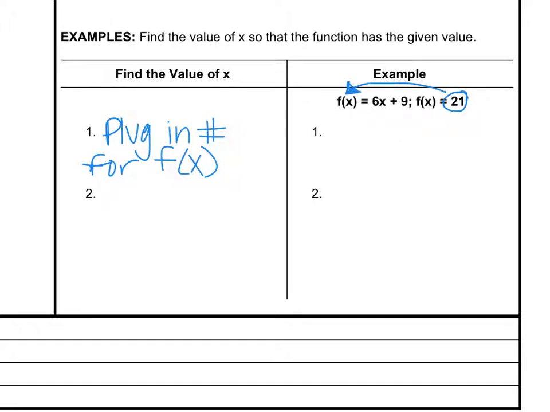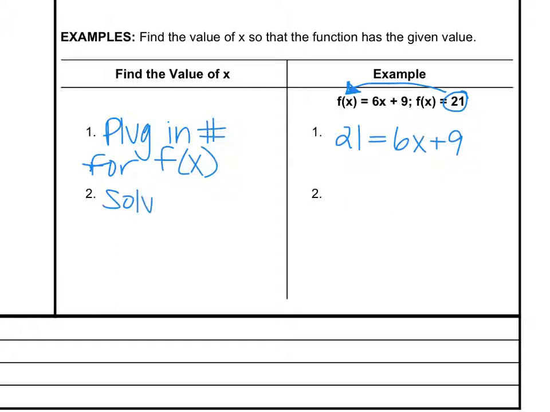It's going to take that entire spot. Because you're told the output, I'm asking you to find the input. Rewrite it. 21 equals 6x plus 9. Plugging in the number for f of x. You are told that f of x equals 21. So it goes in that spot.